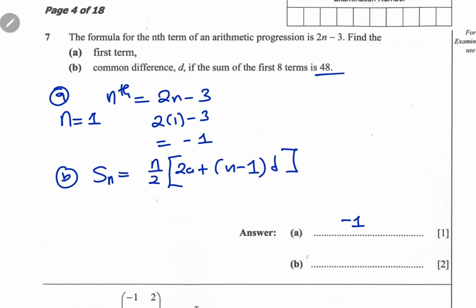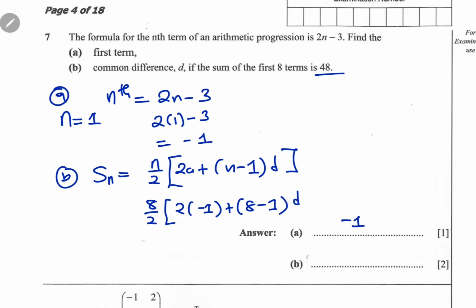So you're going to replace n with 8. They're saying first 8 terms, so 8 divide 2. Then here 2, the first term is what? The first term is negative 1. We found it. Then plus, wherever there's n, we put 8.